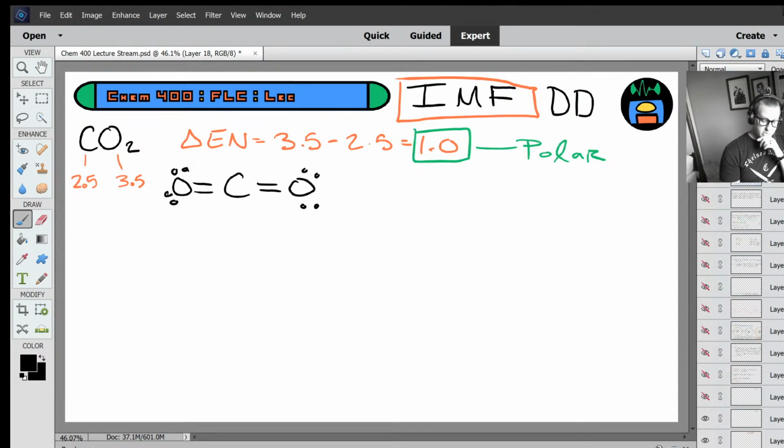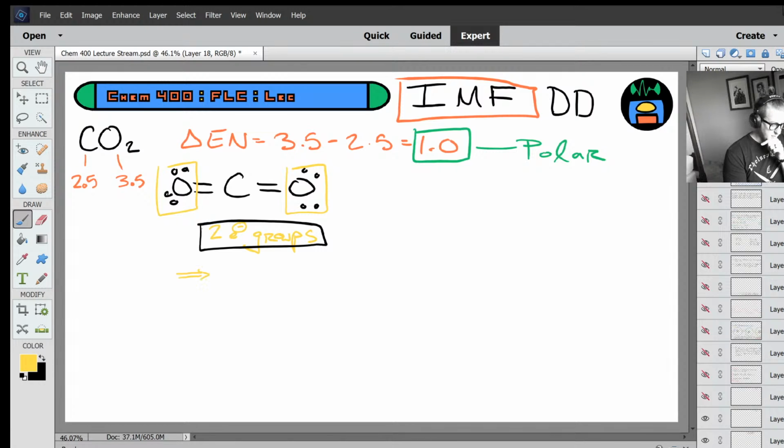If you look at your central atom, you have 2 electron groups, which means that this molecule is linear, right?